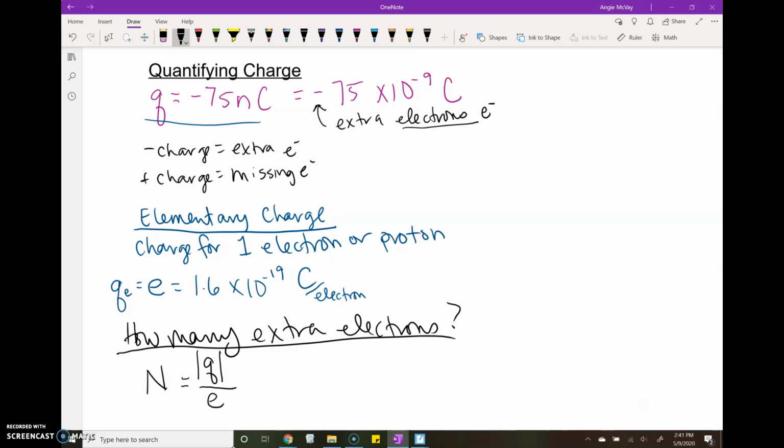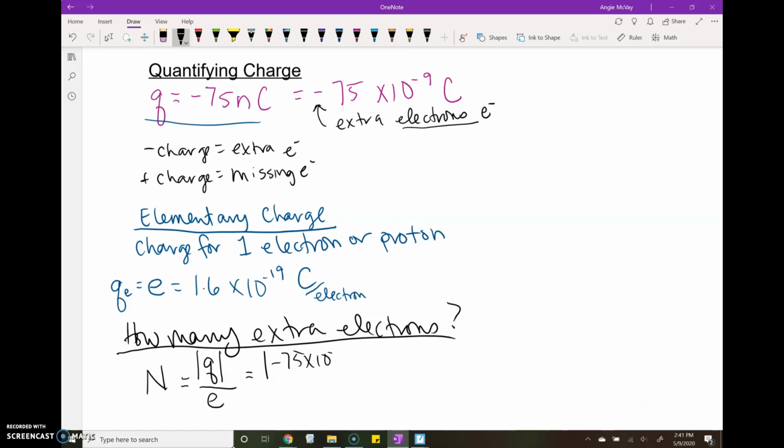But we don't want a negative charge to give us a negative answer for a number, because if we had a negative number of electrons, we would assume that means you're losing electrons. Does that make sense?